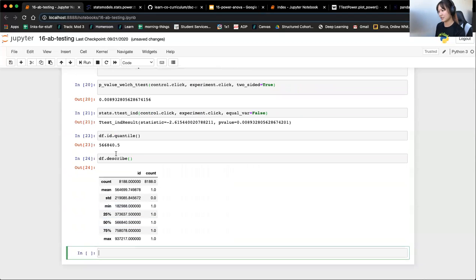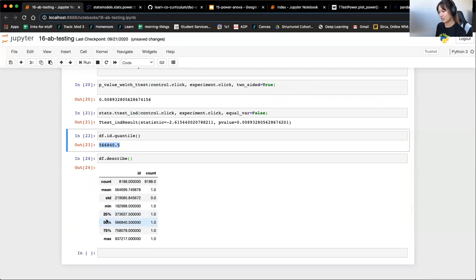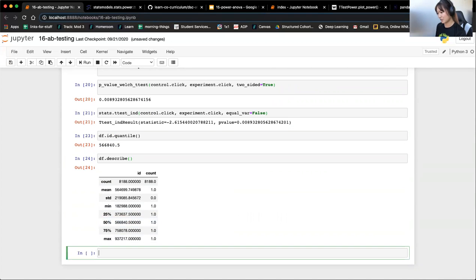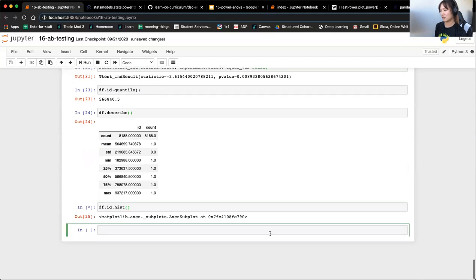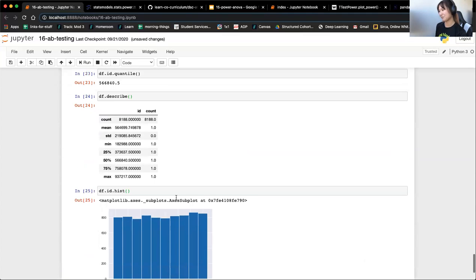There we go. If we do a df.describe, we see that this quantile gives us the middle value. And if we just quickly want to look at what this ID column is, of course ID doesn't mean anything in this context, but I think if I do, does that work? There we go. So this is how our IDs are spread out.